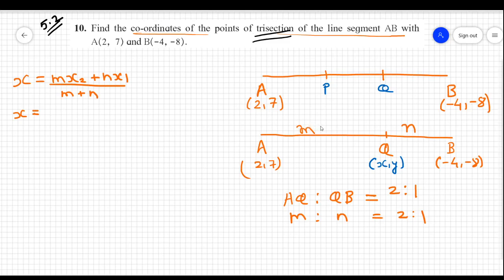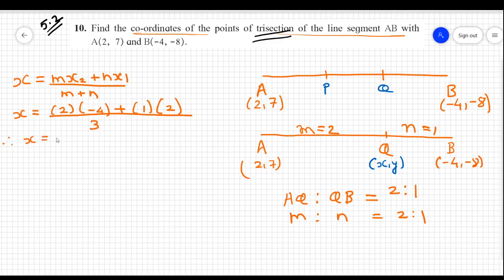Tell me how much is m? m is 2, and I will take n to be 1. So 2 into x2, which is -4, plus n which is 1, into x1, which is 2, upon m plus n, which is 3.